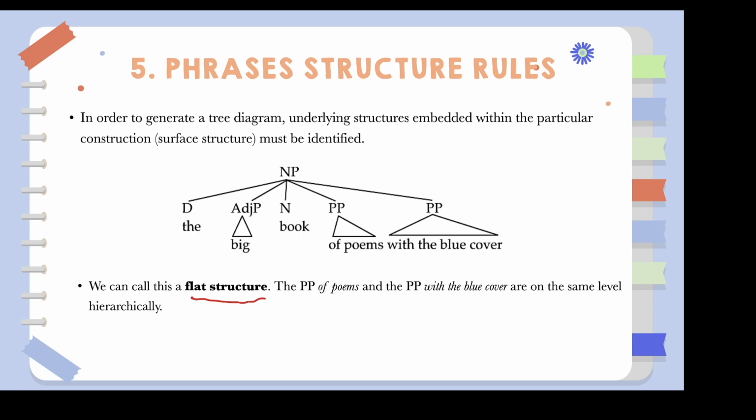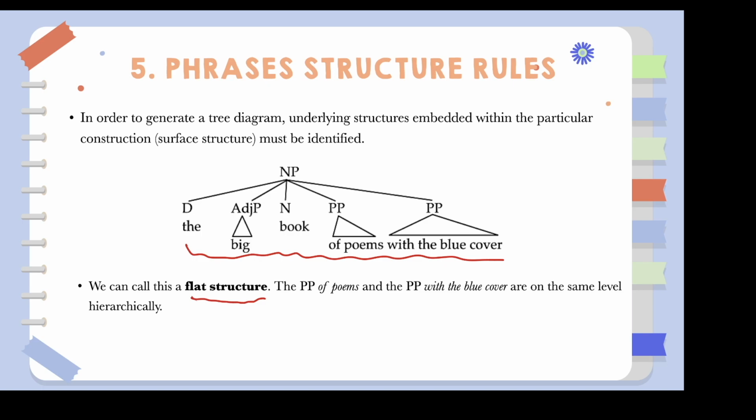There are plenty of examples in your book. With the phrase structure rules, or the flat structure, we analyze the sentence by using just the surface structure. Like here, we have the big book of poems with the blue covers.